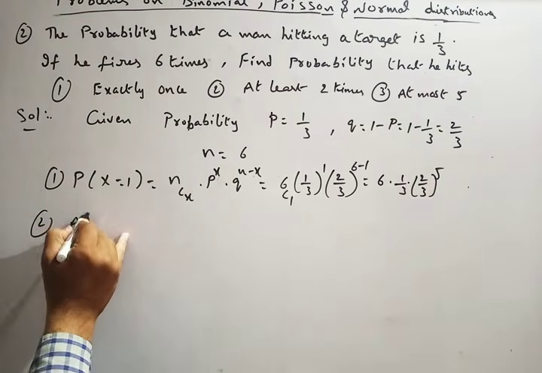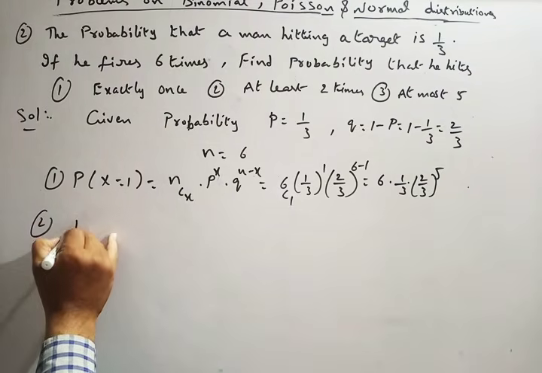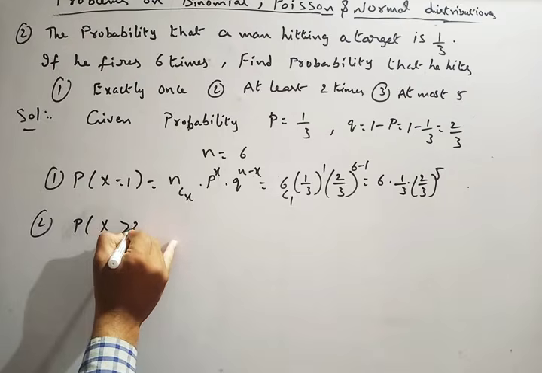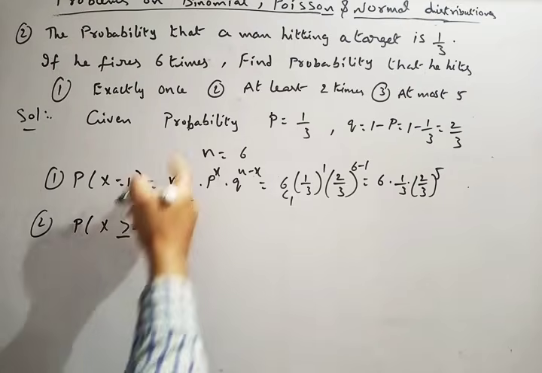Second case, at least 2 times. At least 2 times means the minimum is 2 and the maximum can be 6 times.